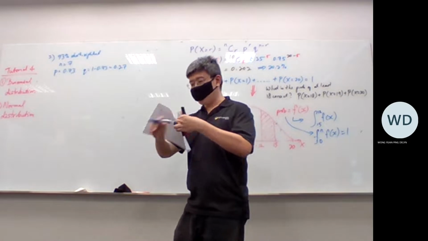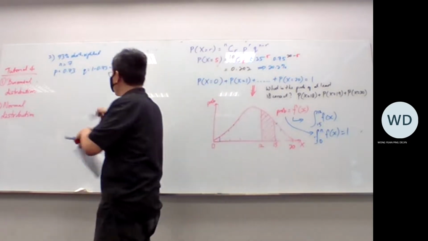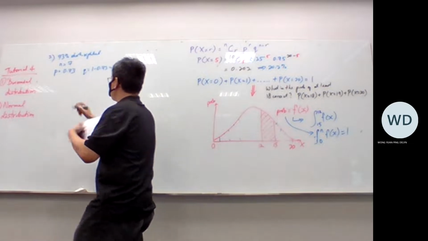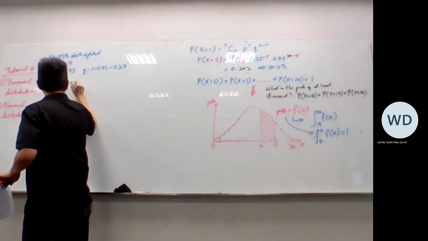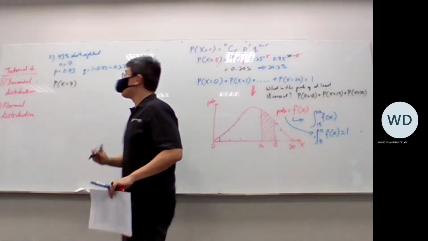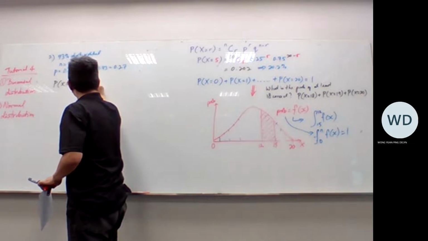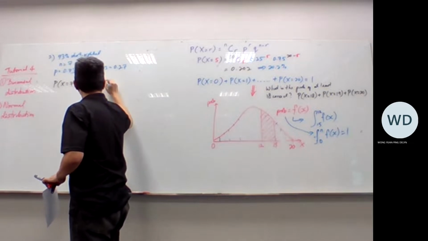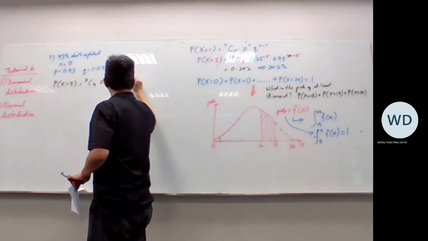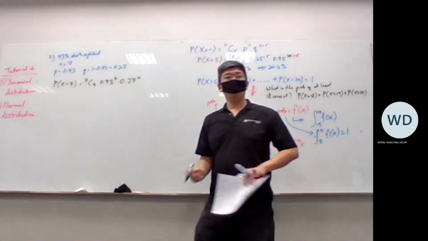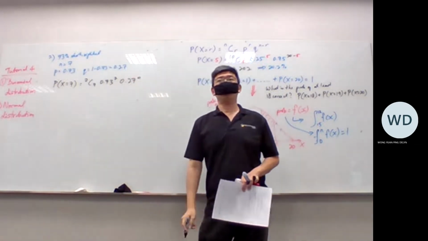You want all 7 people to be short-sighted. Then let's work it out. X equals 7. Okay. Put it back into this equation. Which is actually 0.73 to the power of 7.